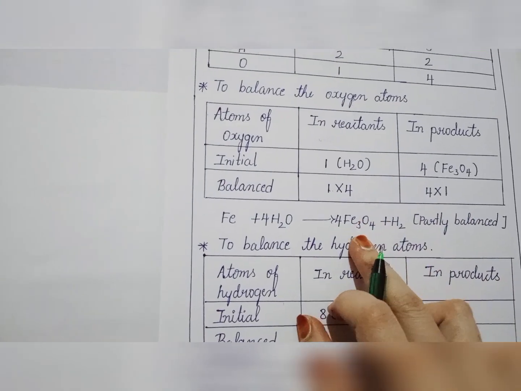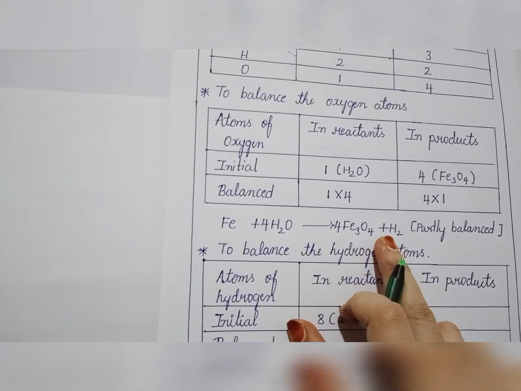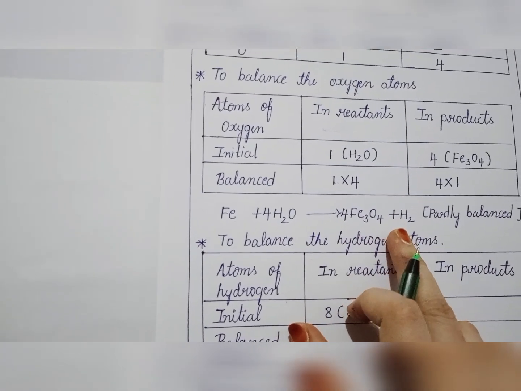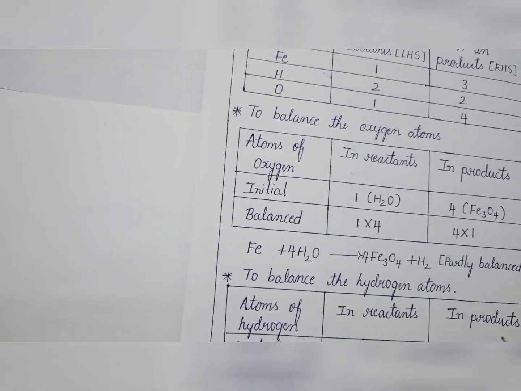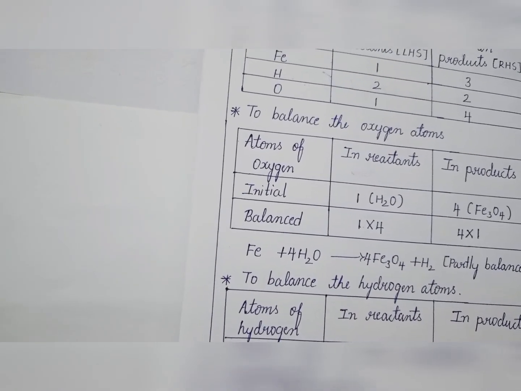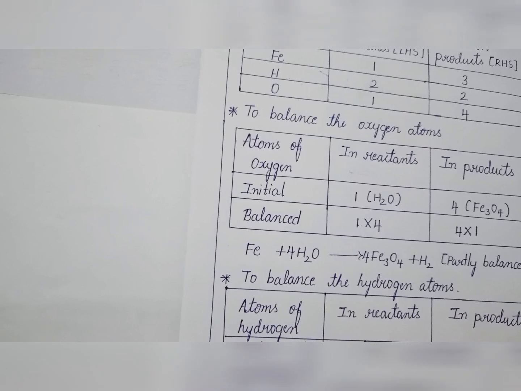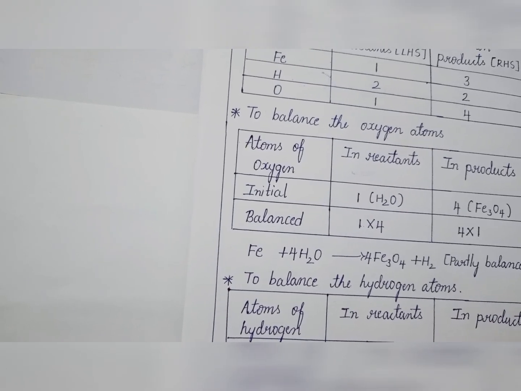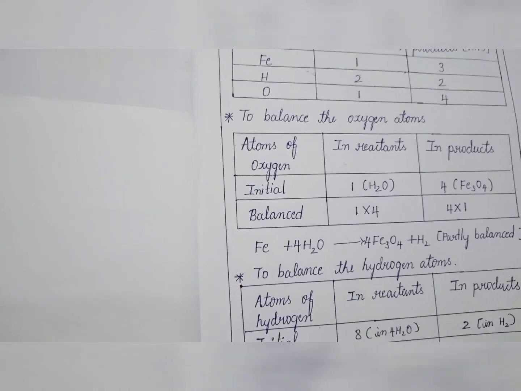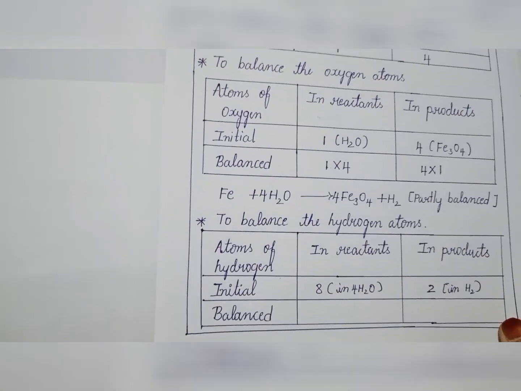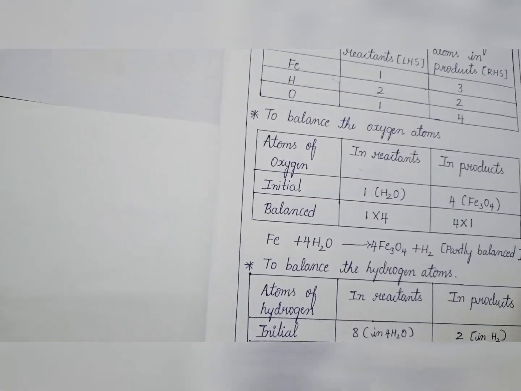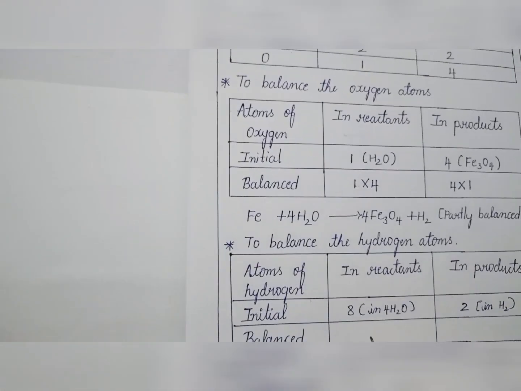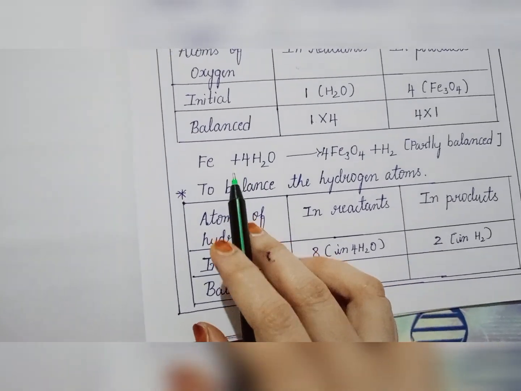Okay, in the product side, how many hydrogen atoms are present here? 2 in H2. Now we have to balance the hydrogen atoms.